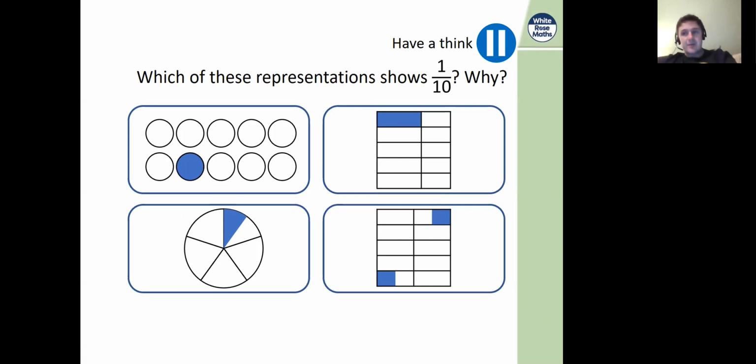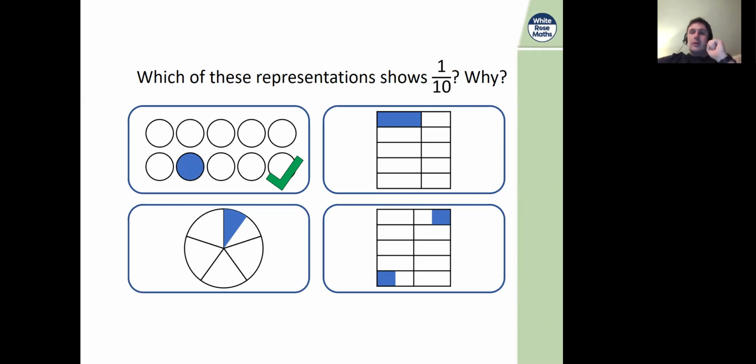If I say a tenth, it's just 1/10. Okay, and why? Well, with the first one there, you can see that we've got 10 circles and they are equal, they're the same size, and one of them is shaded in. So that is 1/10.